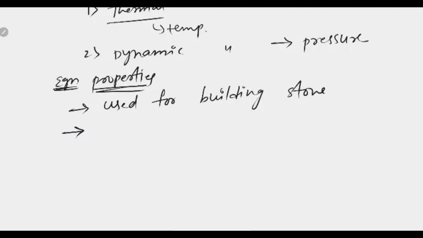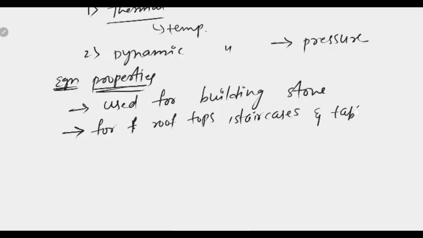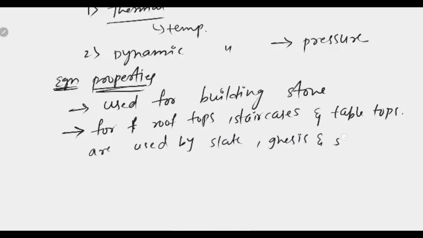And the foliated rocks like slate, gneiss, and schist are used as roofing material, tabletops, and staircases.